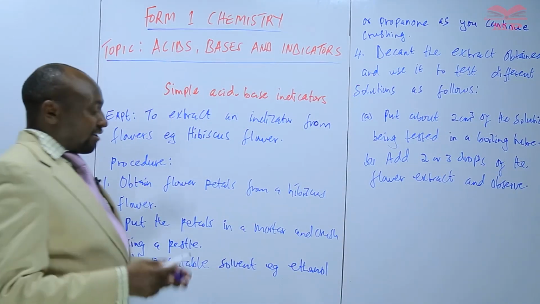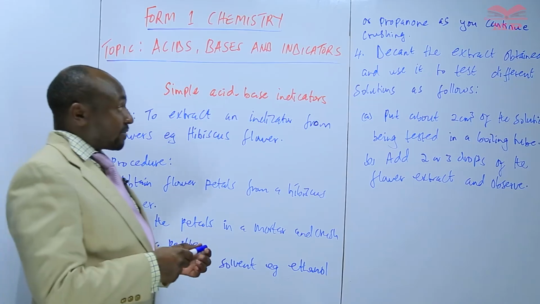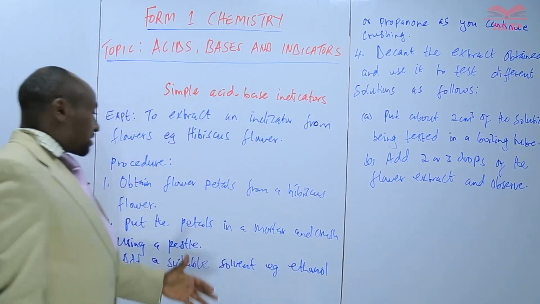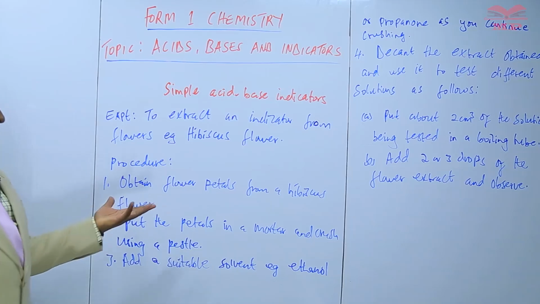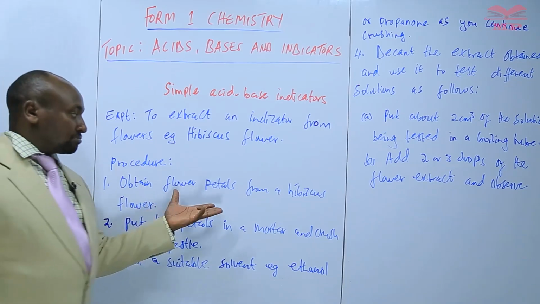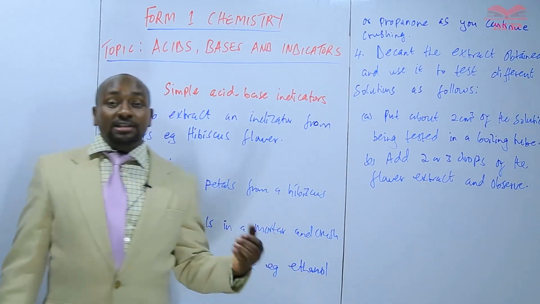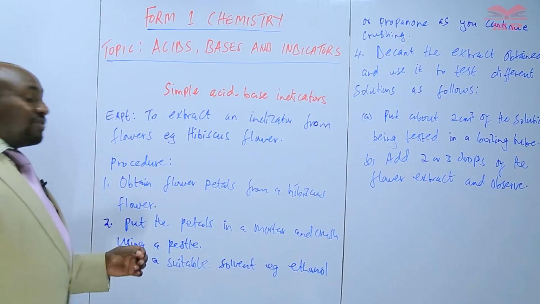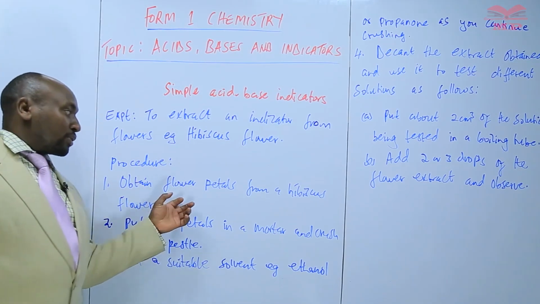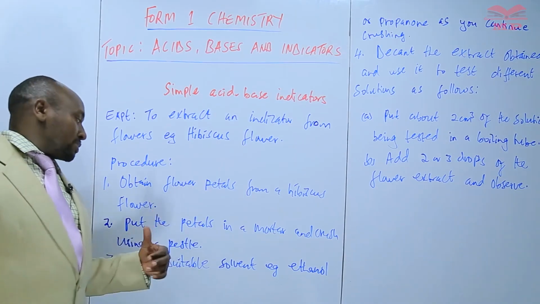So after we have obtained our extract from the flower, of course, following the steps, we obtain the flower petals, e.g. hibiscus. We can use any petals. We can still use even some leaves of something like red cabbage. We can even use beetroot. Those are some other examples that can be used.